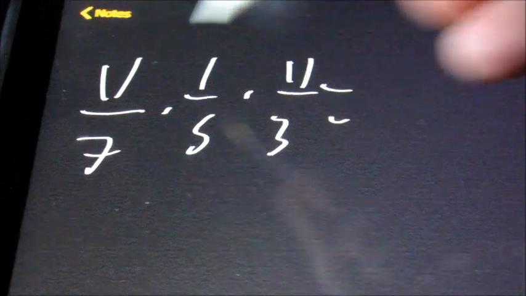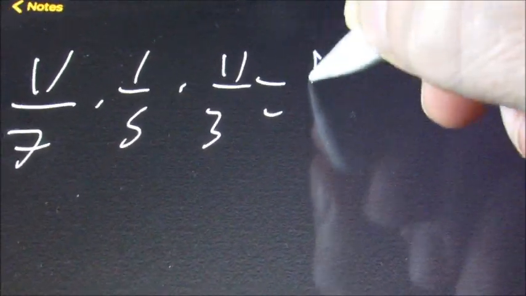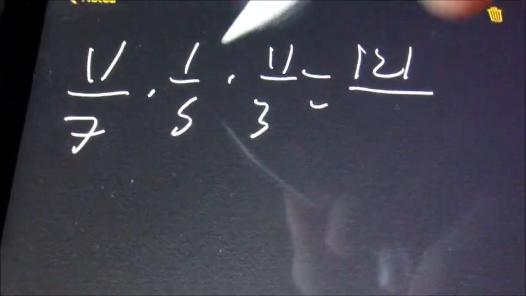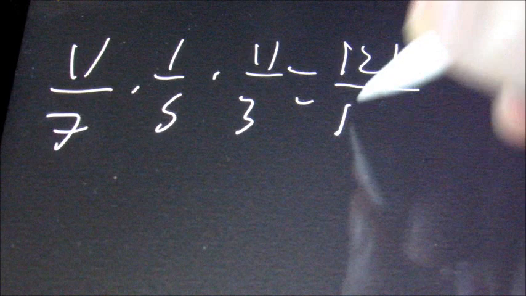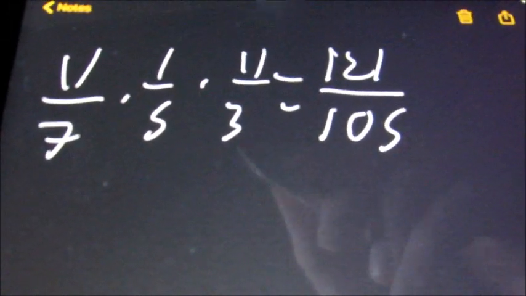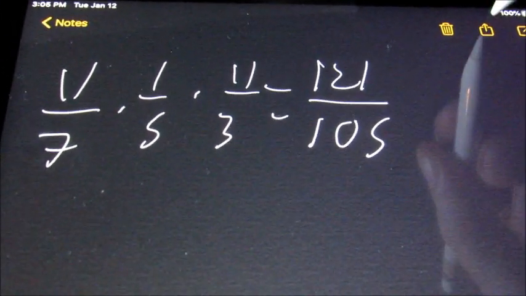So we're just going to multiply everything straight across. 11 times 1 times 11 is 121 over 7 times 5 times 3 is 105. 7 times 5 is 35, times 3 is 105. So that's what we can do there.